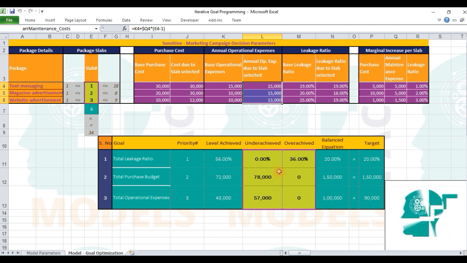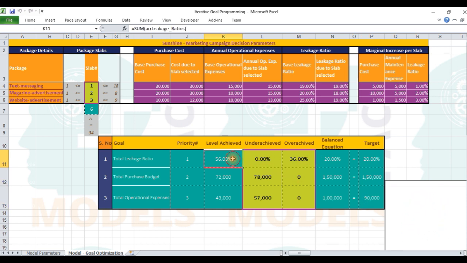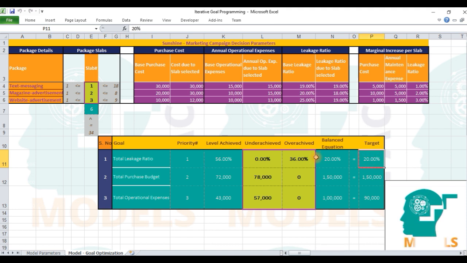These values indicate the deviations of these actual achieved values of the goals, against the targets, specified in these cells. For example, this value, 56, of total leakage ratio exceeds the targeted value by 36%, denoted by this value of 36%, under the column overachieved.